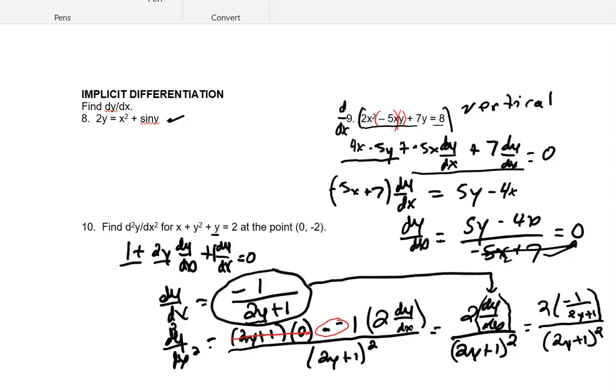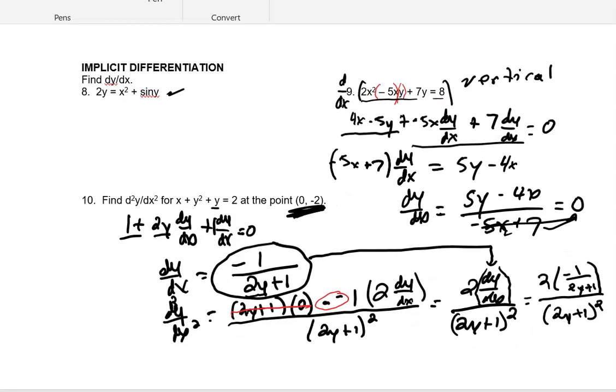Okay, now this one I give you a point, so you're going to go ahead and take that point, plug it in there, and whatever that gives you is your answer. You have hopefully the key in front of you, or it's on the computer, you can download it and see what that is. I don't remember off the top of my head what that was. I'll be making the key for you in a little bit though.